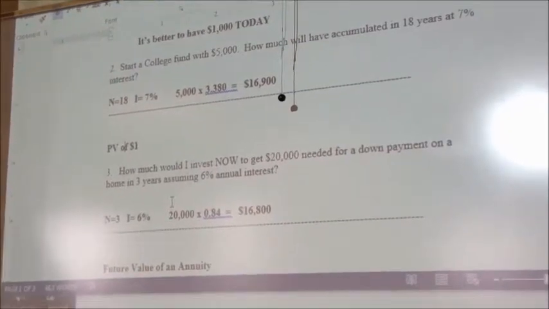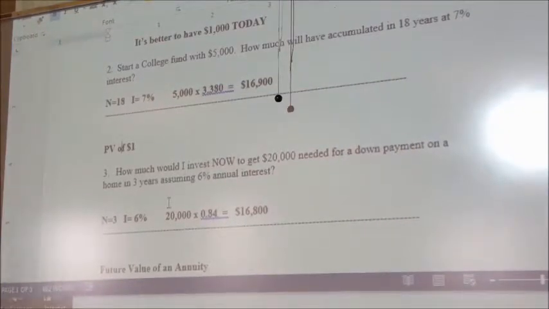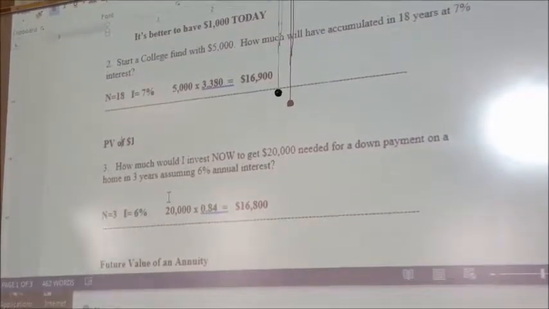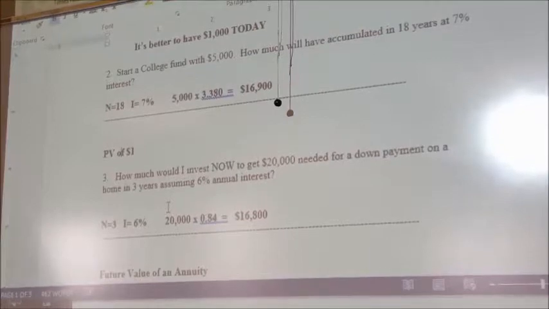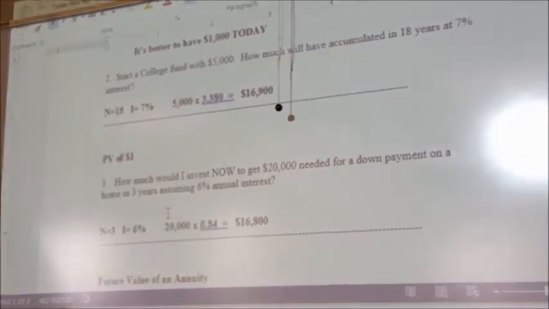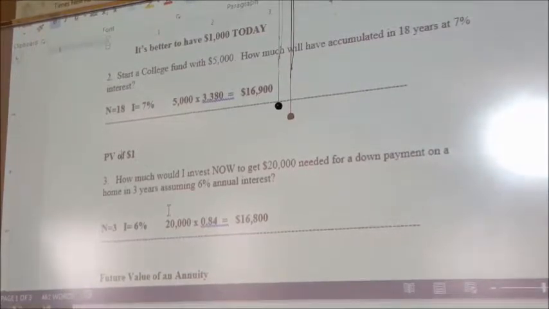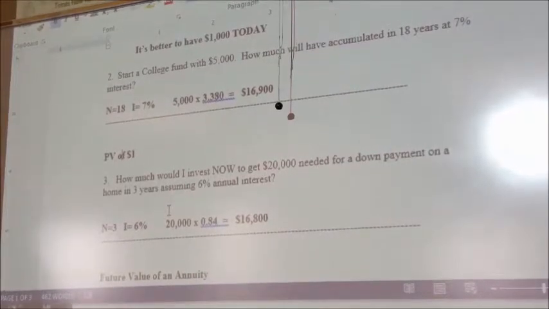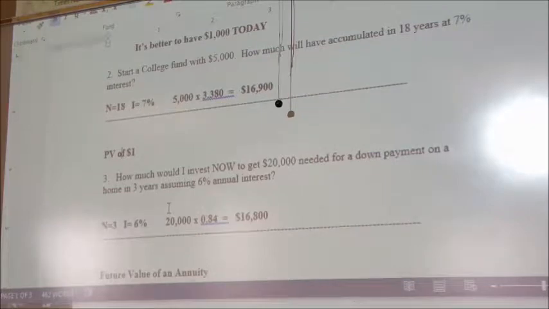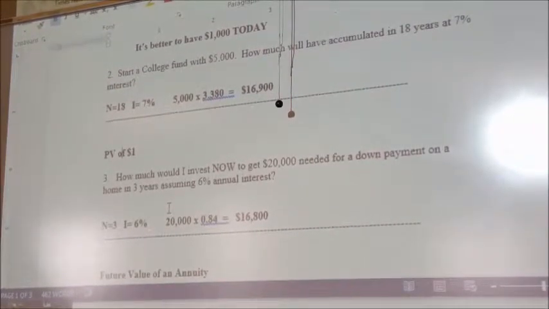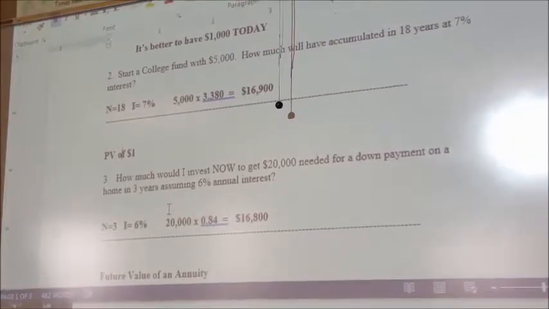But for that reason, I'm having to assume on number 4 that I only put money away every year, instead of more realistically putting money away at the end of every paycheck, maybe every other week. Or putting it into the retirement account at least maybe once a month. If I did once a month for 17 years, that would be about 200 payments. And of course our charts only go to 50, so that's not going to work.